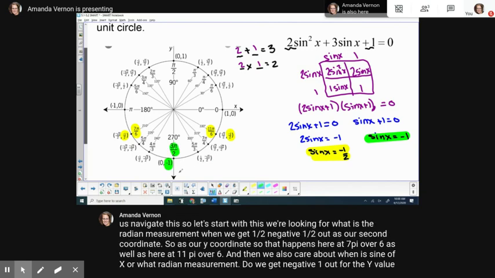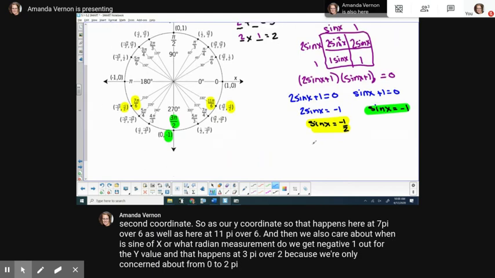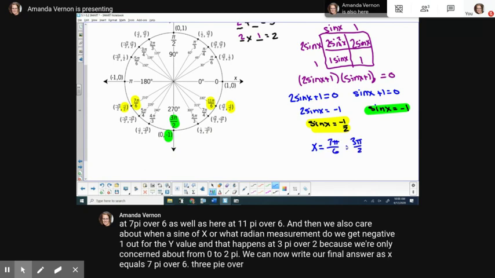And that happens at 3 pi over 2. Because we're only concerned about from 0 to 2 pi, we can now write our final answer as x equals 7 pi over 6, 3 pi over 2, and 11 pi over 6.